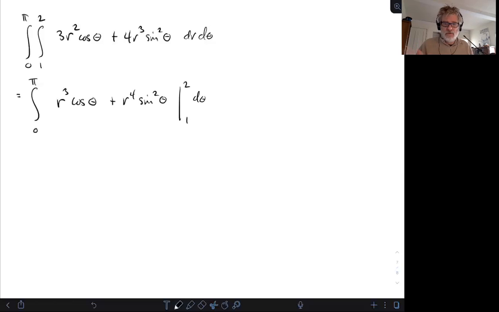The two integrals in either direction are going to be of exactly the same difficulty in this particular example. Okay, so let's just substitute. So this is integral 0 to pi. I substitute, that's 8 minus 1. I'll do it just in one shot. That's easy. 7 cos theta plus 15 sine squared theta.